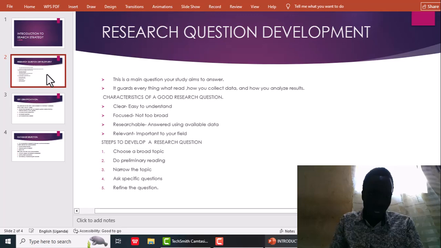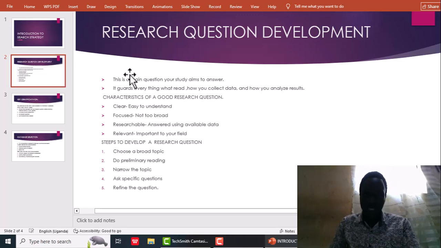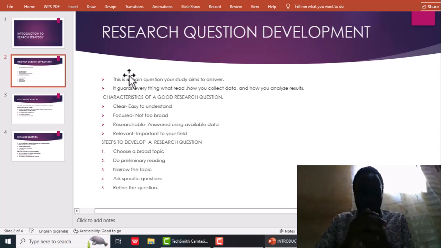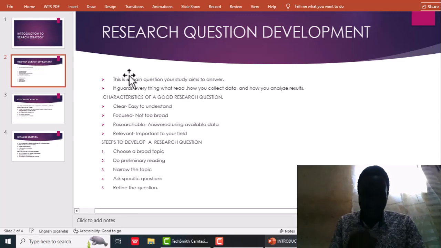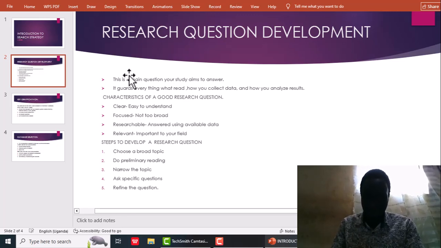So we are saying research questions is what we deal with in our search strategy. When we talk about search strategy, the basic ways we can find the necessary information we need in the academic field or in other areas apart from the academic field. This is the main aim.